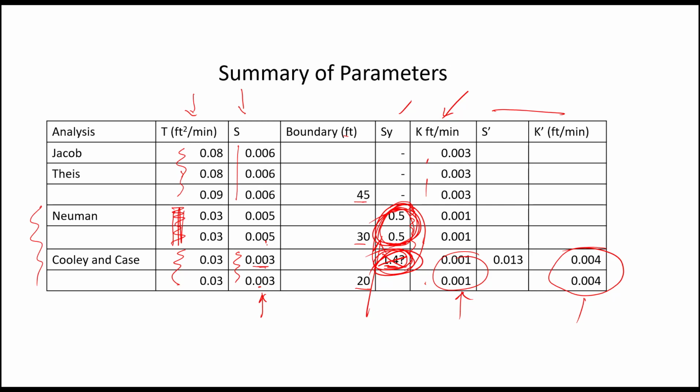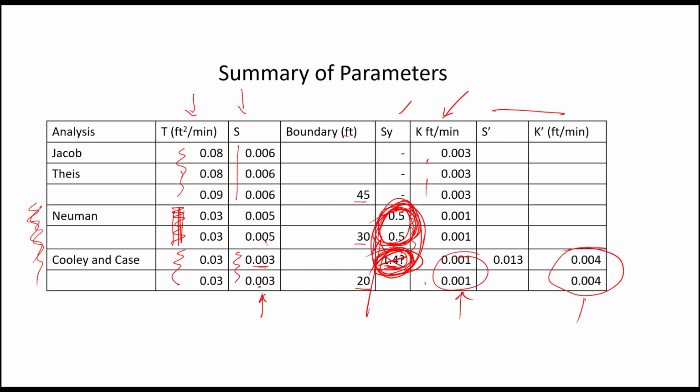It could be that if we didn't specify this, it goes up to an unreasonable value too. So we can't get too comfortable that we've nailed down the specific yield with this. But we can say that these analyses that include specific yield can explain the data quite well, that break in the slope. They do a pretty good job of that.